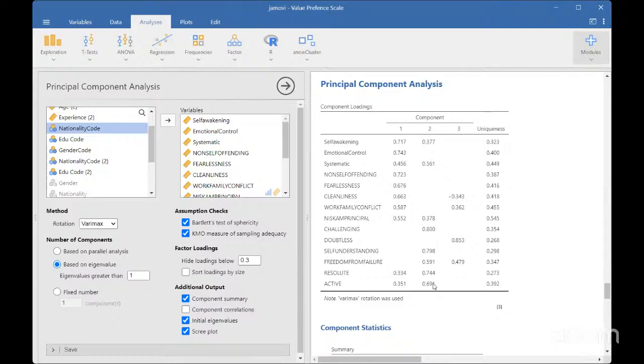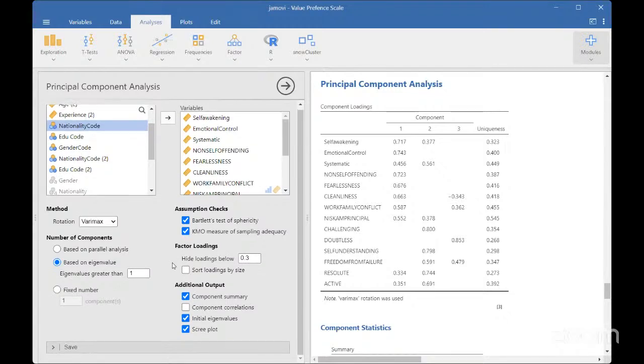Similarly, we have to check the loadings for the second component and also the third component. So now you click the factor, reliability analysis.